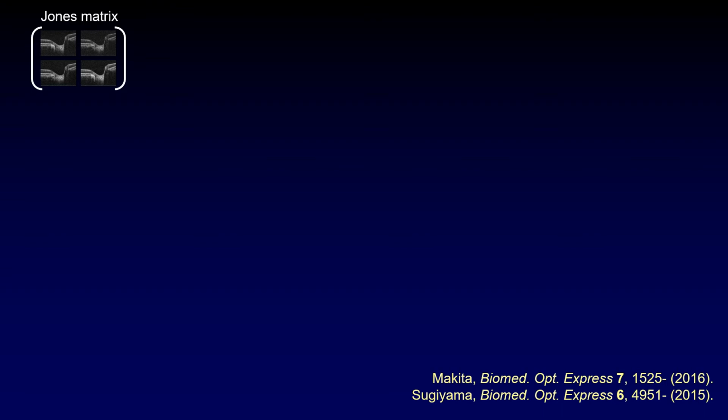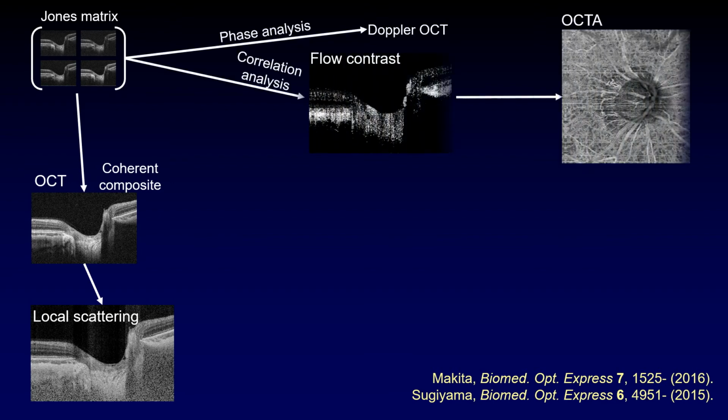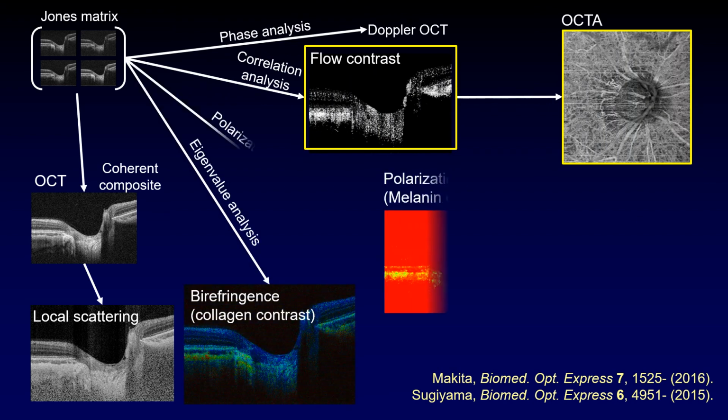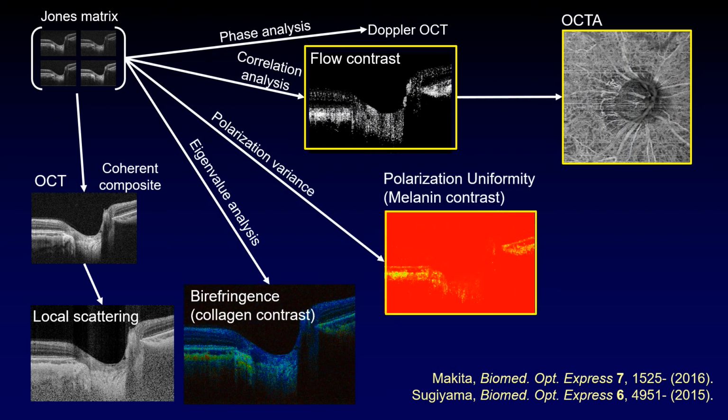The Jones matrix is purely a mathematical and physical quantity, so it might be out of your interest, but it possesses the full optical property of the sample. So, by applying proper operators to the Jones matrix, we can obtain several clinically useful contrasts, and it includes the flow contrast and the polarization uniformity, which is known to be sensitive to the melanin.